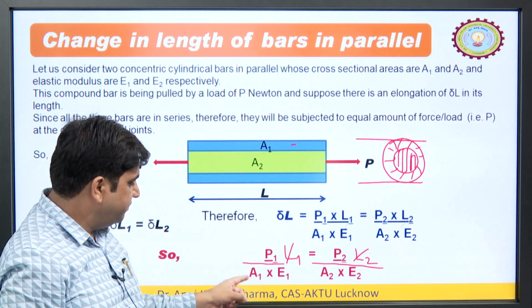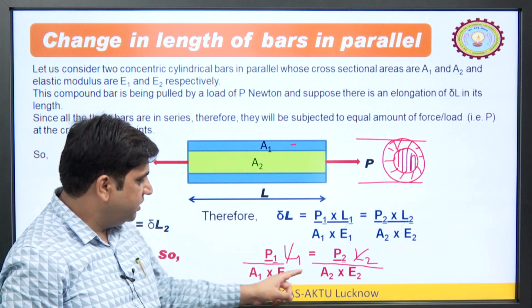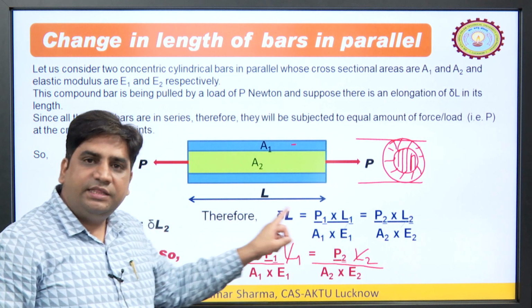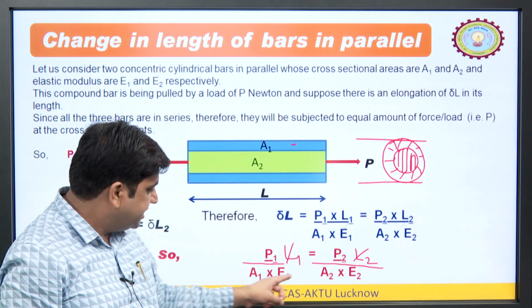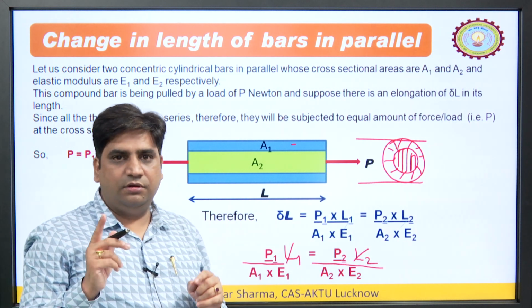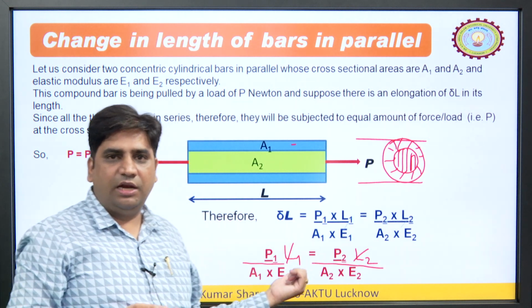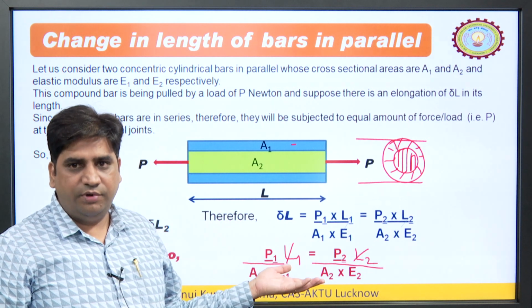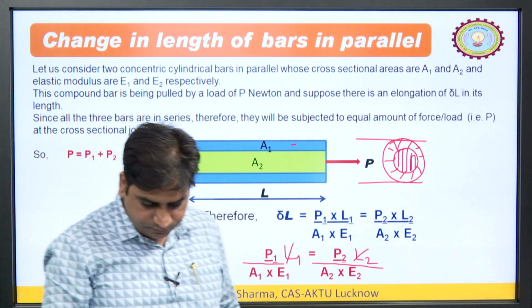So, the formula we have is P 1 upon A 1 E 1 is equal to P 2 upon A 2 E 2. Like this, if out of these 6 variables we have 5 variables, then we can calculate the remaining variable, right.